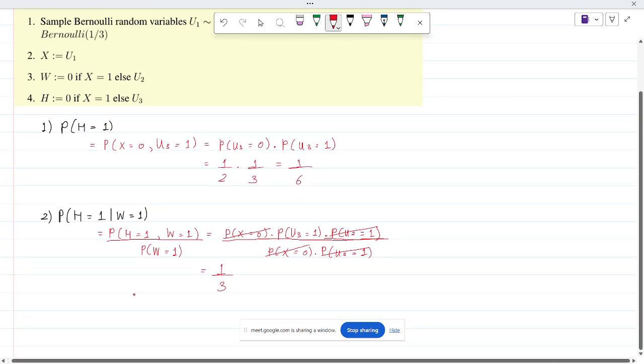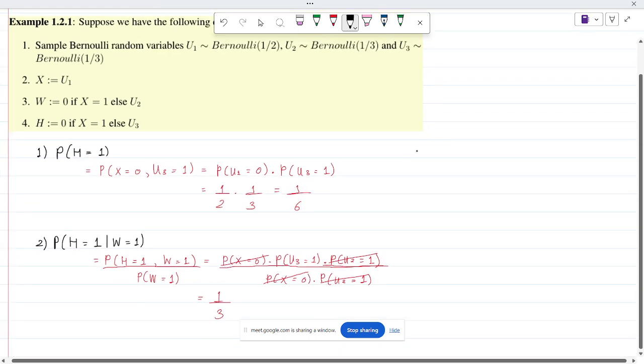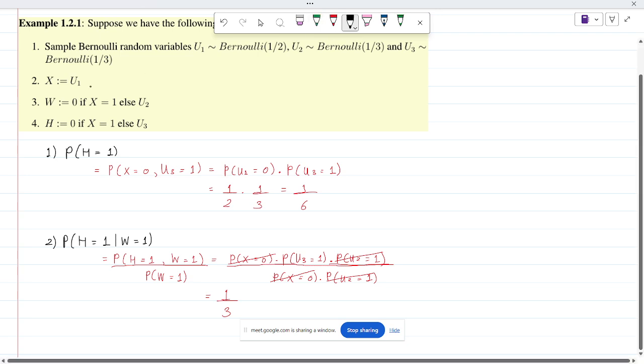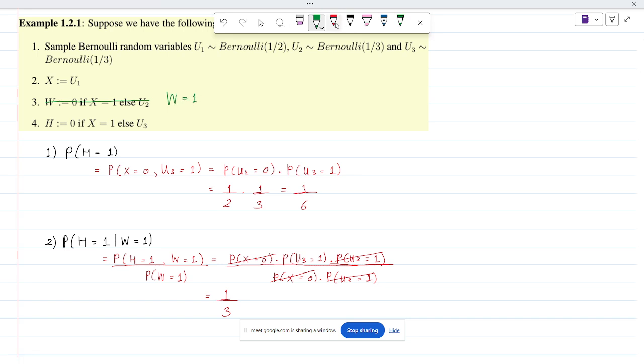So with that, I'm going to add our final important example as well. Now we're going to intervene, and I'm going to set the value of W to 1, essentially changing my data generating algorithm.